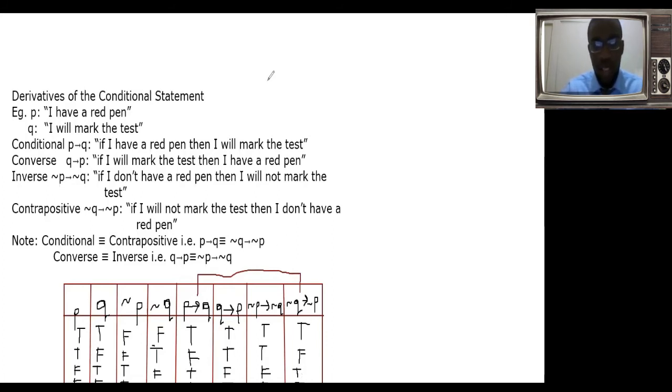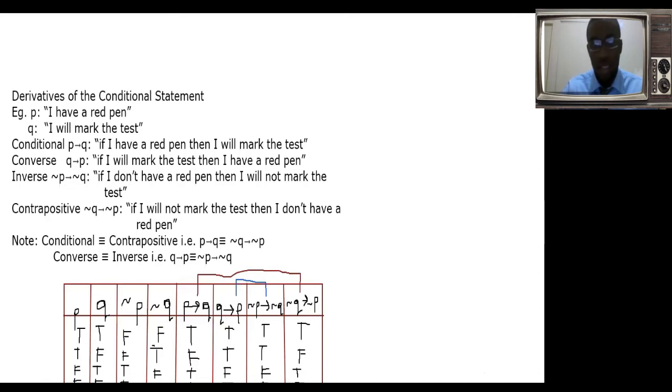And likewise, we have the same thing for Q implies P and not P implies not Q. And so the conditional statement is logically equivalent to the contrapositive and the converse is logically equivalent to the inverse. All right, and these are the derivatives of the conditional statement. All right, nice and easy.